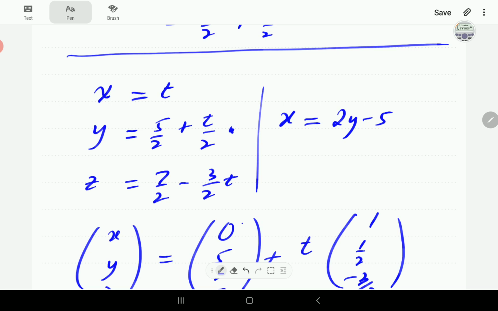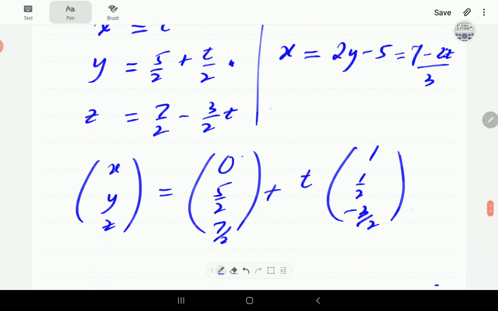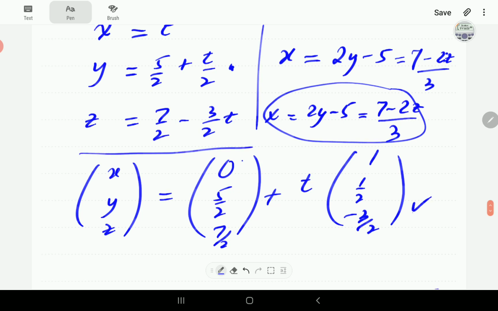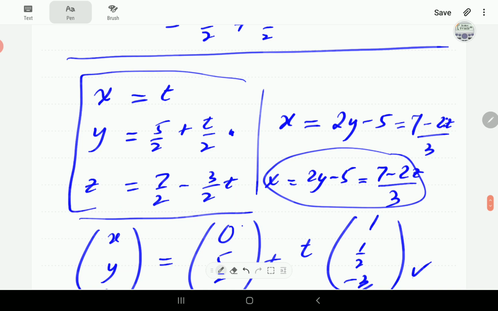From the third equation, t is going to be 7 minus 2z all divided by 3. And so that's going to be the symmetric form of the equation. X equals 2y minus 5 equals 7 minus 2z over 3. This is the symmetric form. This is the vector form, and this is the parametric form of the equation of the line of intersection.